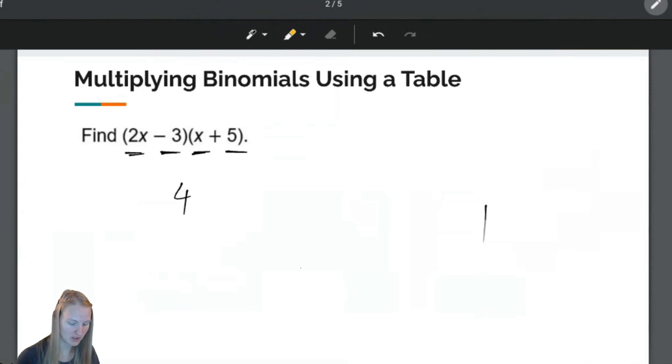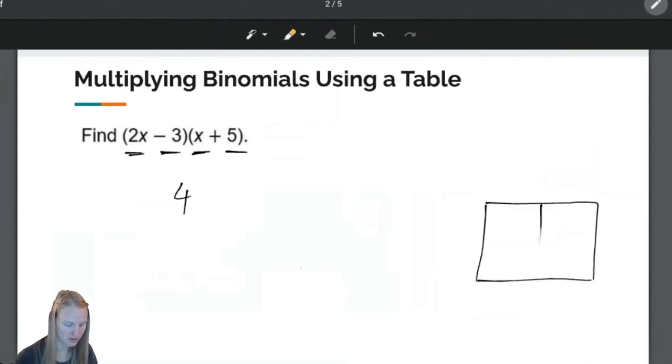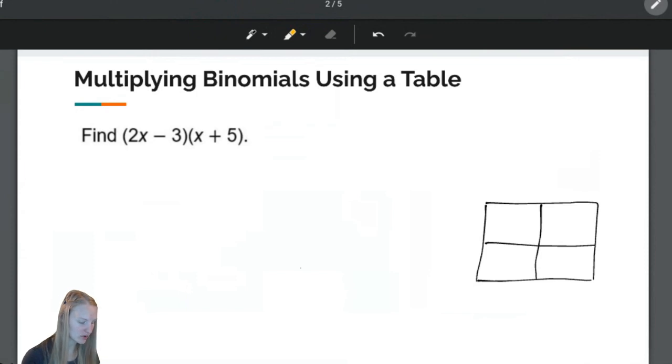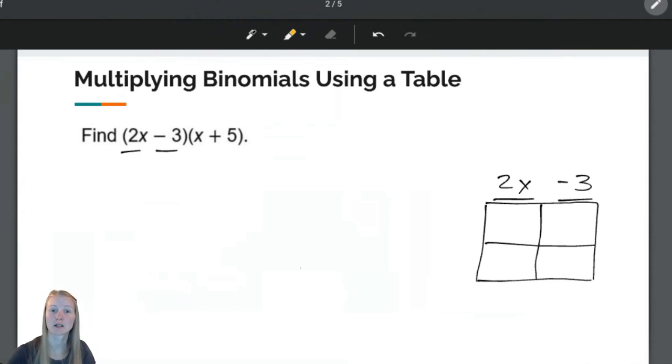So I'm going to make a table with 4 slots in it. I'm going to take the first binomial, take each of its terms, 2x, and put it on top of this box. And I'm going to take the minus 3 and put it on top of this box.